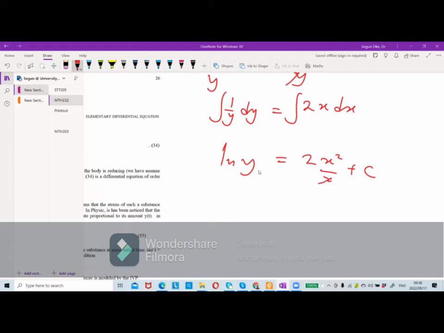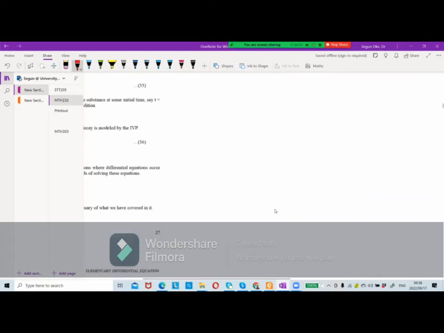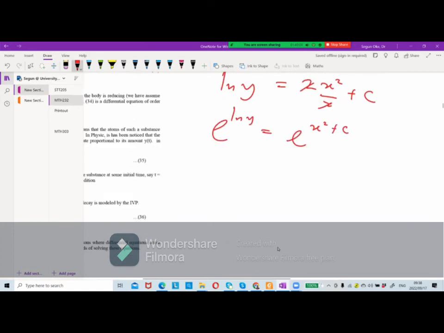If I take the exponent of both sides, I have e to the y equals e to the x squared plus c. Remember the way we broke it down the other time? So I can jump here by saying y equals c e to the x squared.